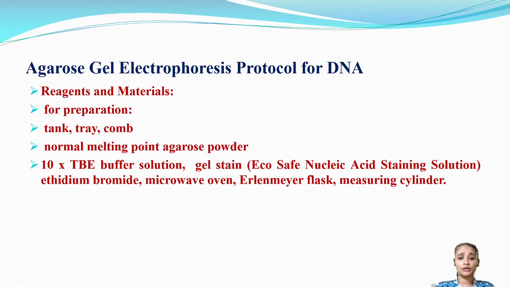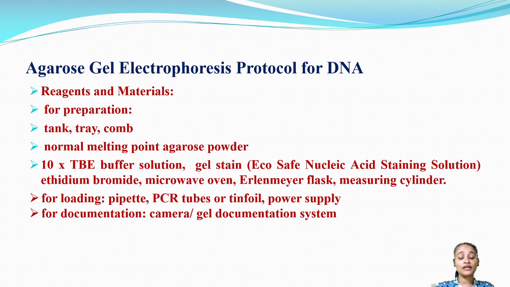We are using ethidium bromide, microwave oven, flask, measuring cylinder. For loading your PCR product, we need pipettes, PCR tubes or tin foil, and a power supply. For documentation, we need a camera, gel documentation system, and a UV transilluminator, in which we see our gel with our PCR product.